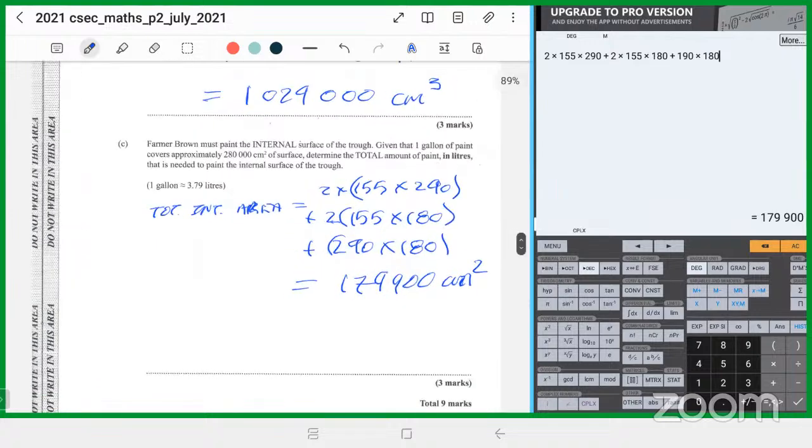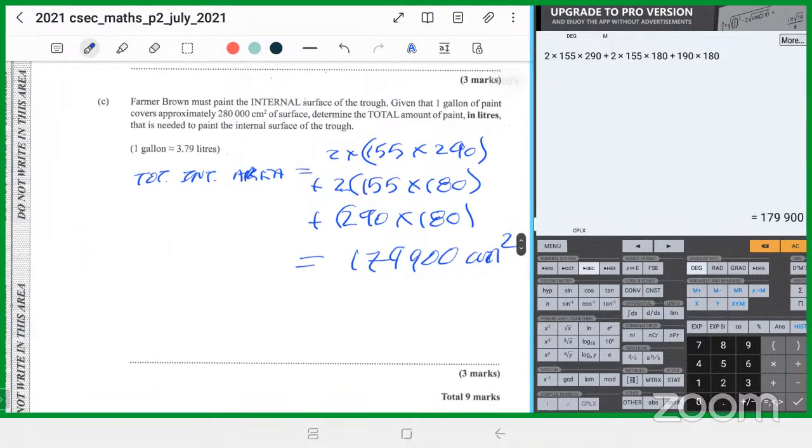All right, so let's work it out this way. Gallons of paint needed is going to be the total area, 179,900, divided by the amount for 1 gallon.